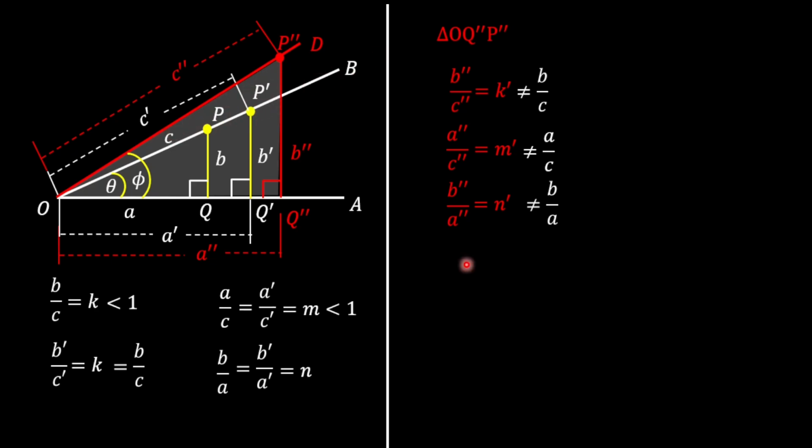So this property of the ratios of the sides of a triangle in general leads us to define functions in the form b by c.